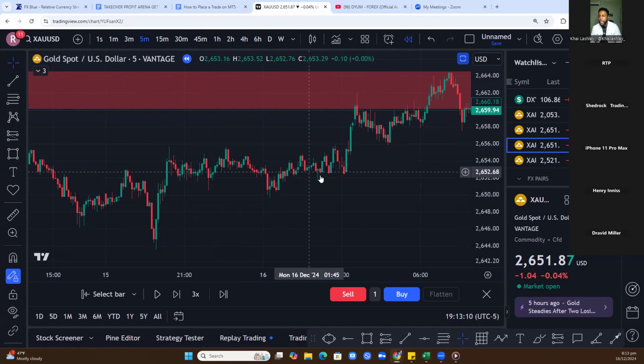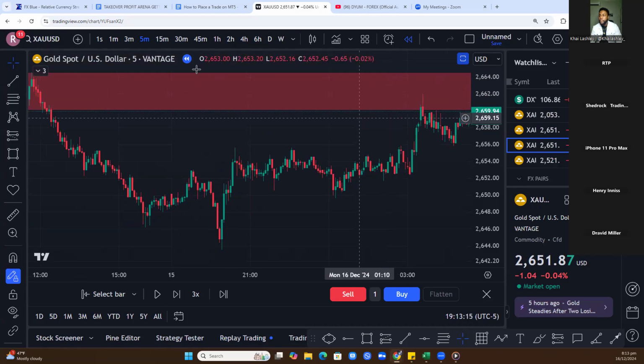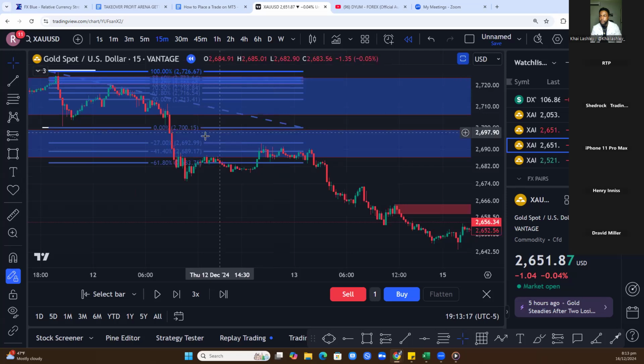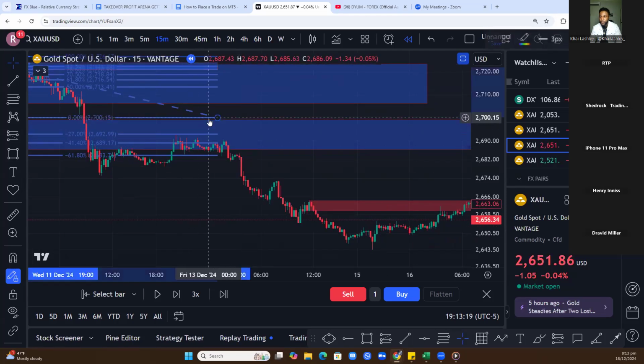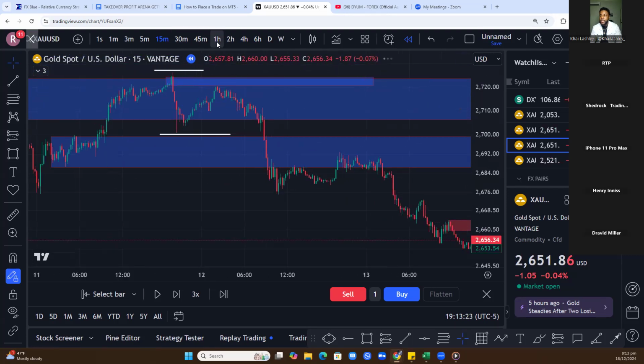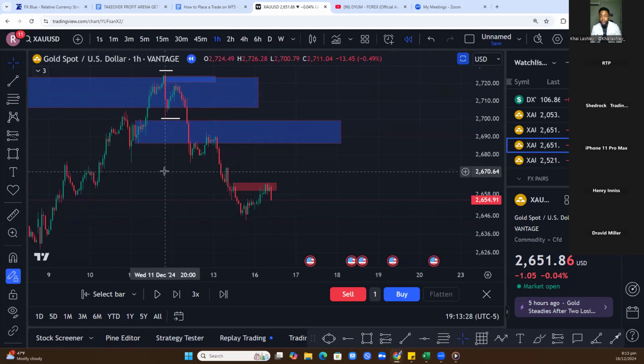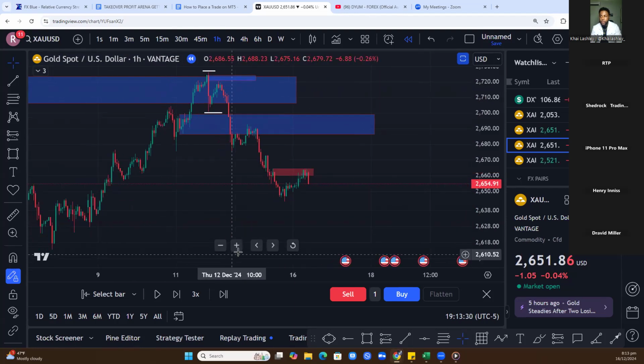Boom. Then we get the market start to push up. We get some more on a higher time frame. And then I'm going to give you something to tie this all together, just how to make use of it, right?